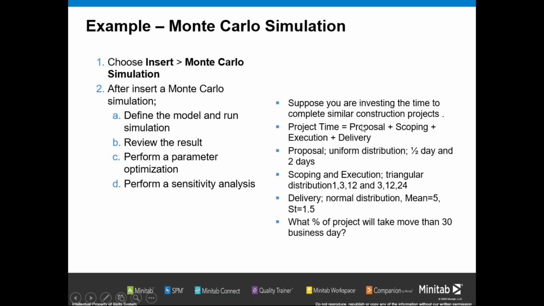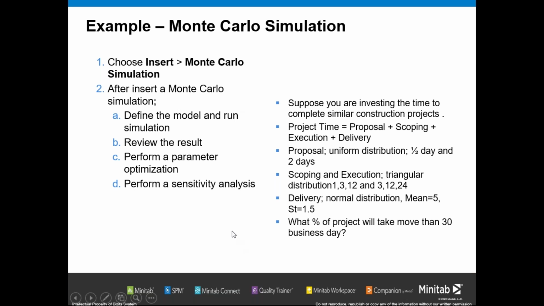So our X's are the inputs: proposal, scoping, execution, and delivery. For all these inputs, you need to identify the distribution of every input. Once you have the distributions, you can do the Monte Carlo simulation using the Minitab Workspace.